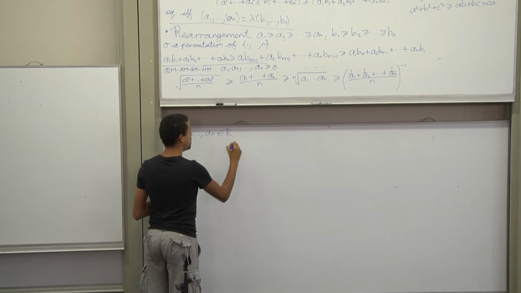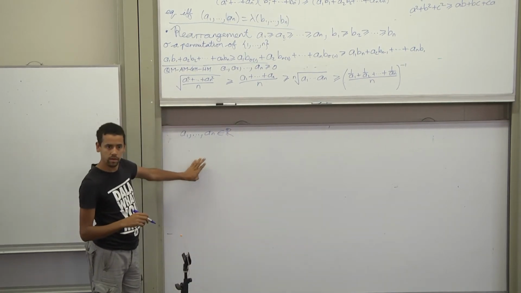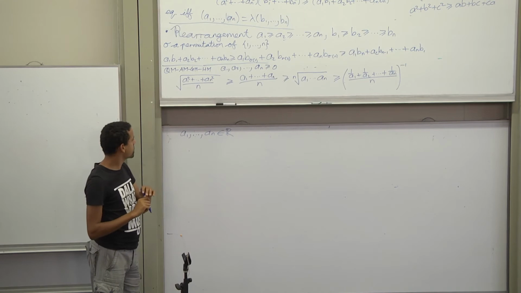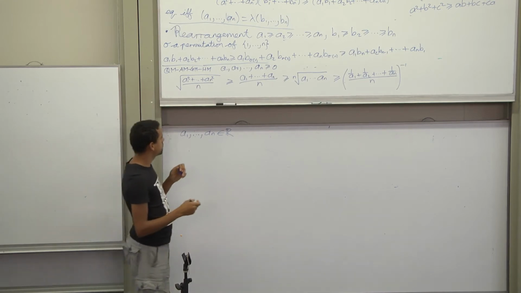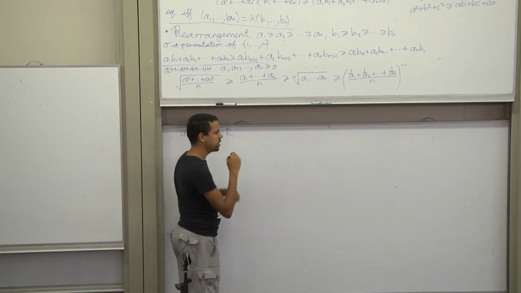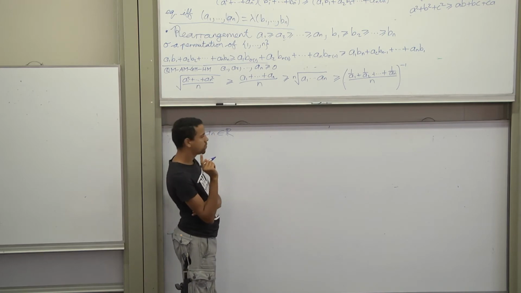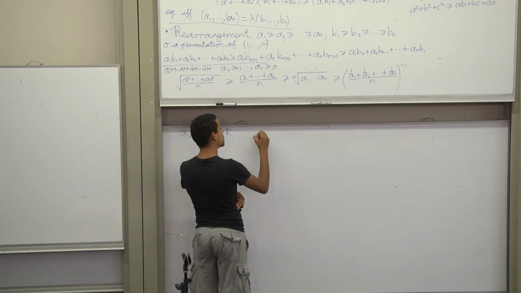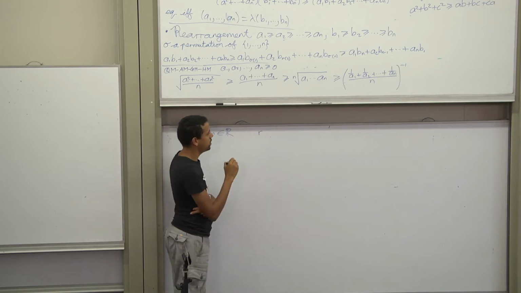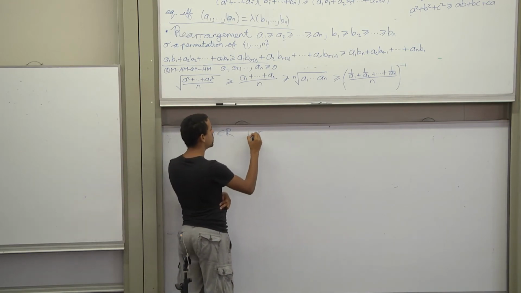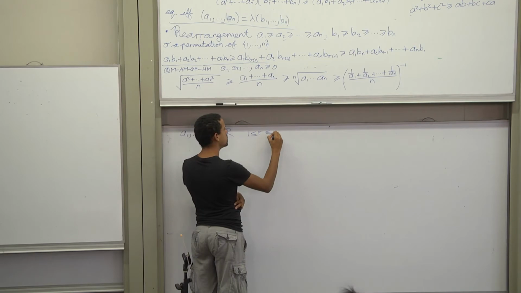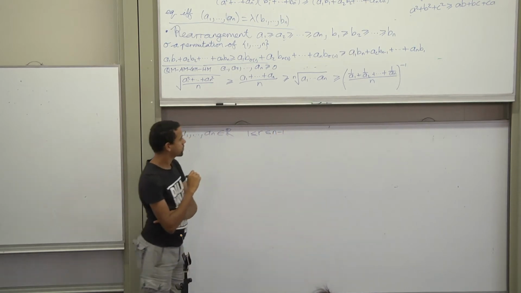Let's say I have a1 to an. These can be any real numbers, not necessarily non-negative. And r, I'll use r, is some number between 1 and n minus 1.